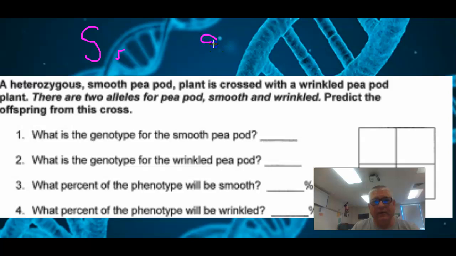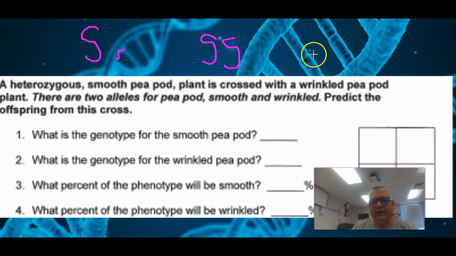If there's another way you can write it, and that would be, but they did not say it is homozygous dominant, or it would look like this. This is smooth, this is wrinkled, smooth, smooth. What's going to show up in the smooth wrinkled? Only the smooth, because it's dominant.